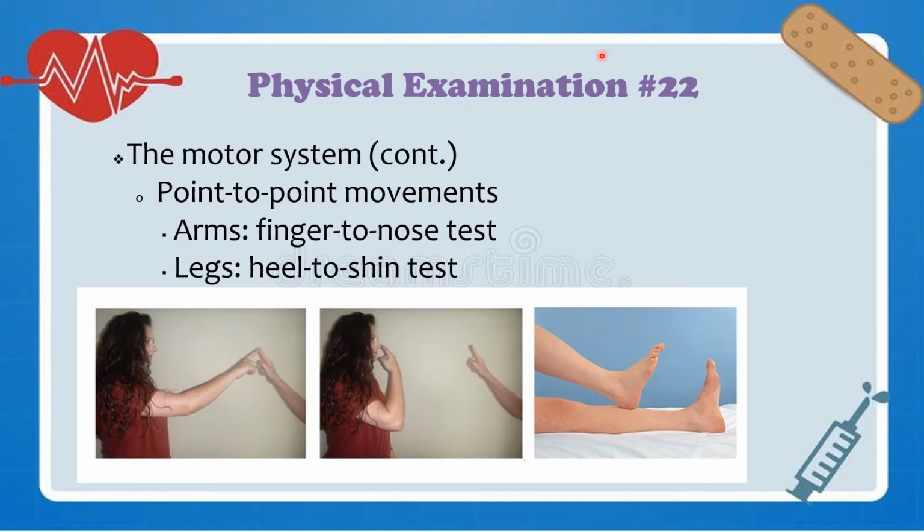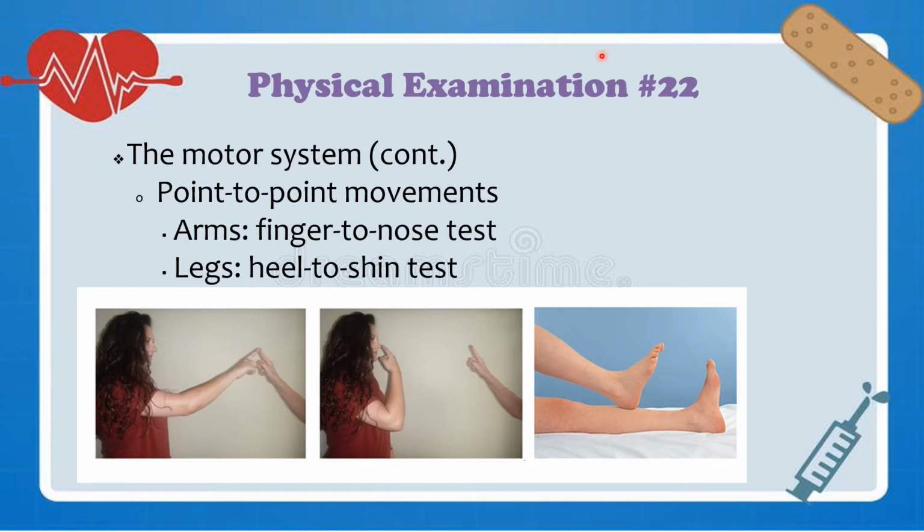Observe the accuracy and smoothness of the movements and watch for any tremor. Normally the patient's movements are smooth and accurate. For those who have cerebellar disease, movements are clumsy, unsteady, and inappropriate in their speed, force, and direction.